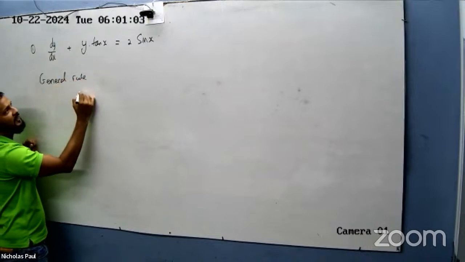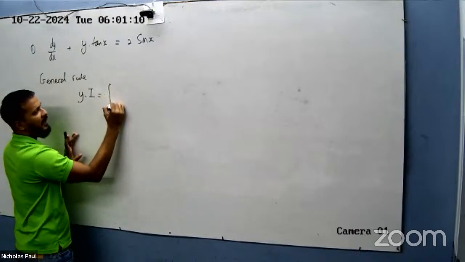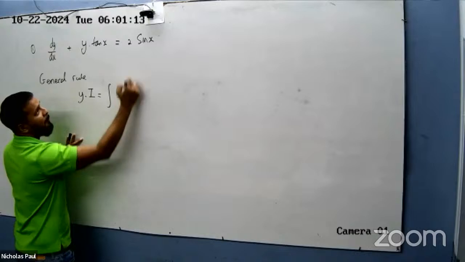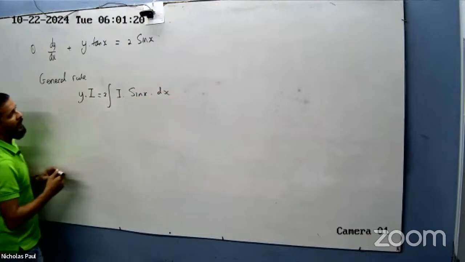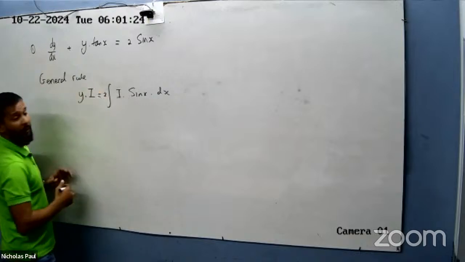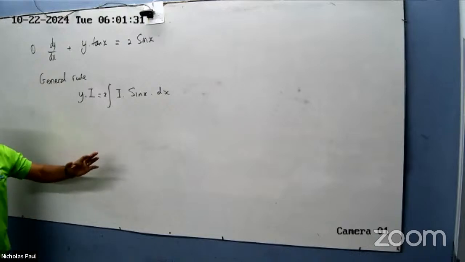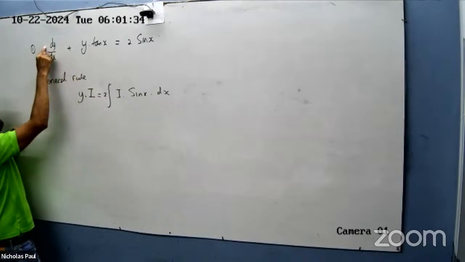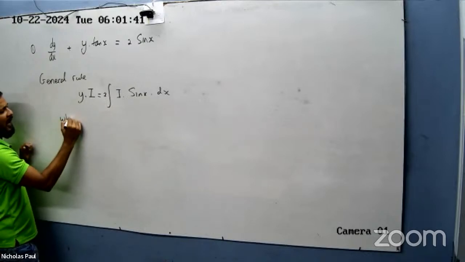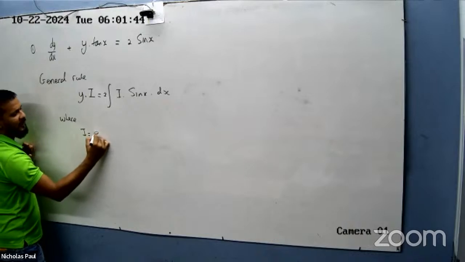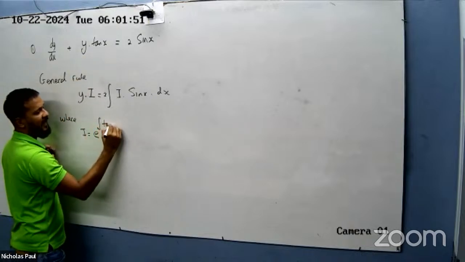The general rule is I could take y, multiply it by the integrating factor, and that will be the integral of the integrating factor times whatever I have on the right-hand side, 2 sin x. Once the coefficient of dy/dx is 1 and it's in this form, the integrating factor I is equal to e to the integral of whatever is next to the y, which is tan x.